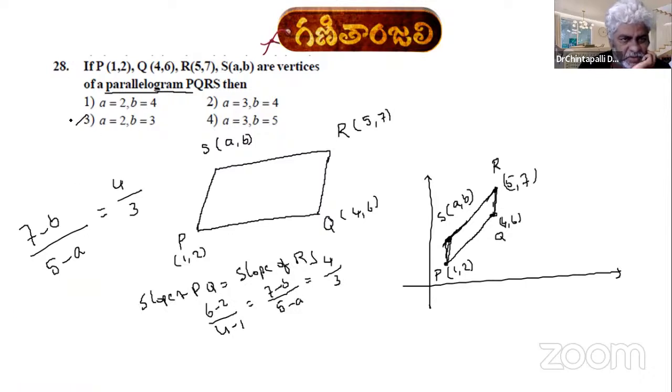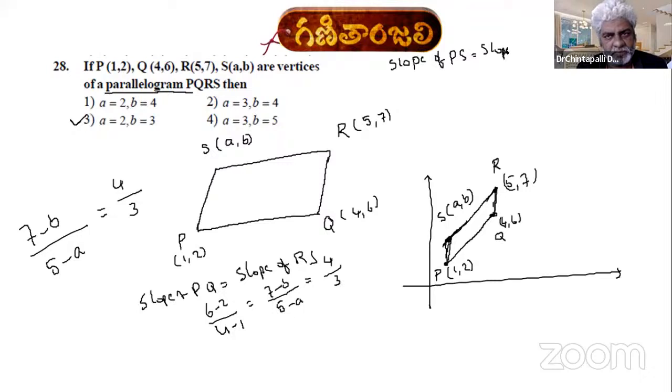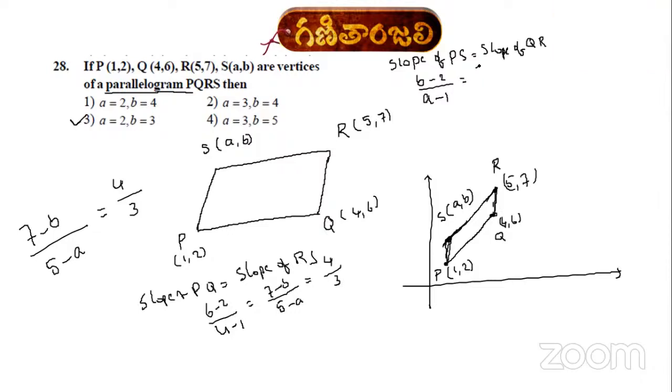We can solve the same sum using another concept, that is slope of QR and slope of PS. PS and QR are also parallel. Slope of PS is equal to slope of QR. y2 minus y1 by x2 minus x1 means b minus 2 over a minus 1, right? 7 minus 6 over 5 minus 4.